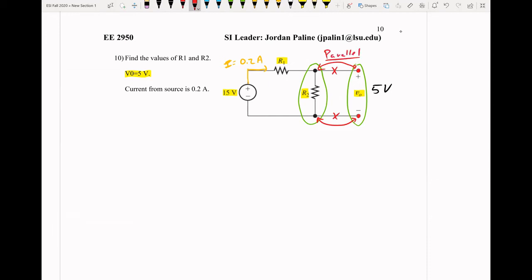So that means that where there's 5 volts across here, there is also 5 volts across here. So we can use that information. So let's take a look. If we know that there's 5 volts here and there, here I'll just redraw it down here, plus minus 15 volts.